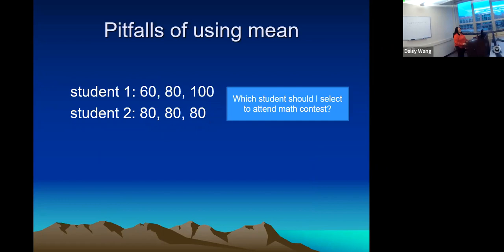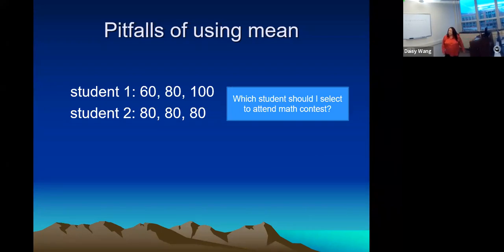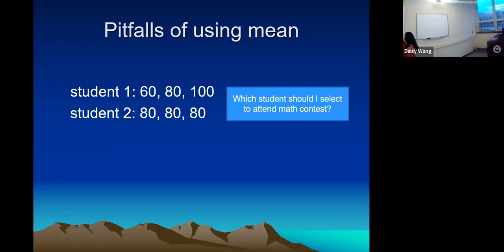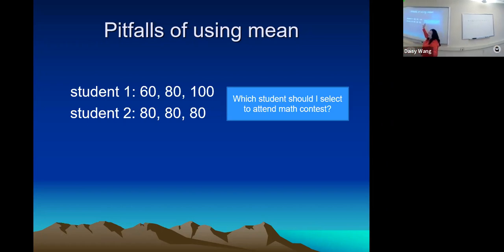So how about these two, student 1 and student 2? They both take 3 tests, right? This is their score for the 3 tests. What's the average for student 1?